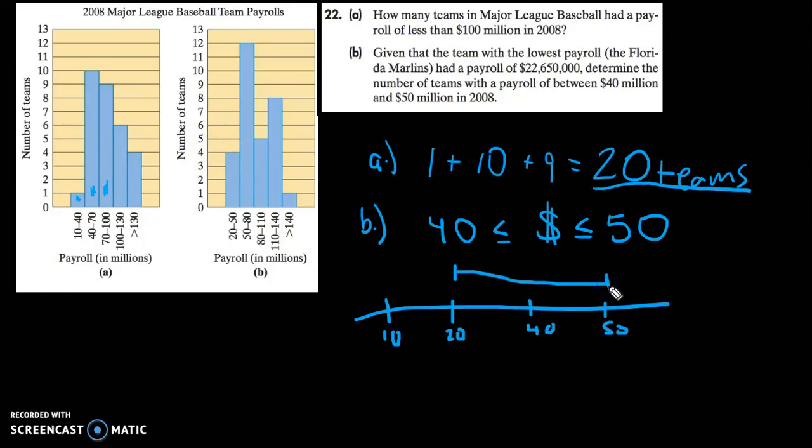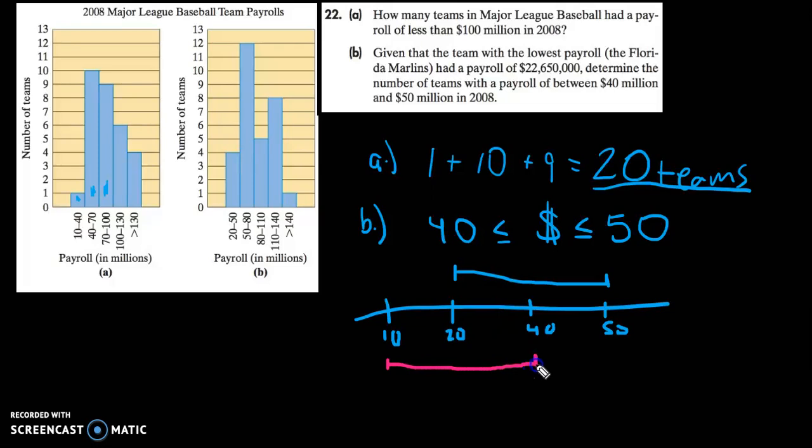Okay, so notice that all by itself, I can't figure out how many teams there are from 40 to 50, because from 20 to 50, it could be maybe all 4 teams are between 20 and 40, or all 4 teams are over here. You don't really know. But then if we take the information from the other graph, that there's only one team from 10 to 40.